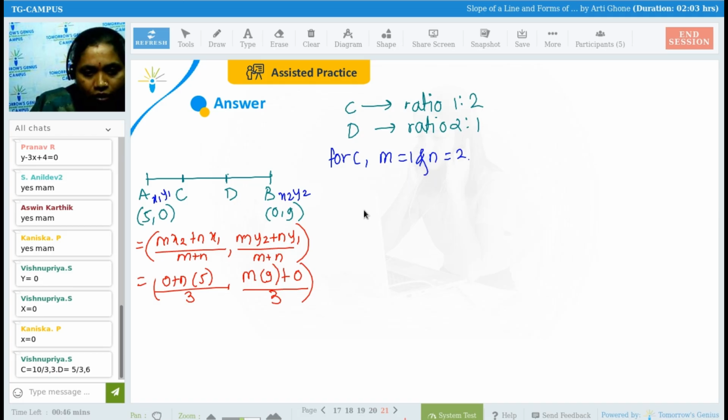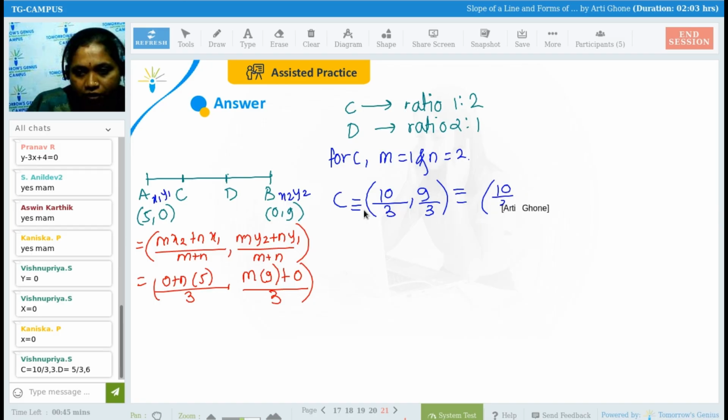So the coordinates of C are: 1 plus 10, that is 5 into 1 plus 2 into 0, 5 times 2 is 10 by 3, and 9 ones are 9 by 3.